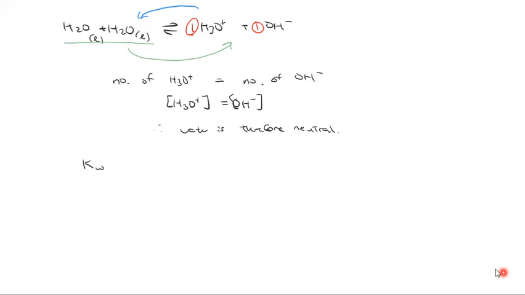Now we said earlier Kw is H3O+ times OH-, and in the case of water, that's 10 to the negative 14.